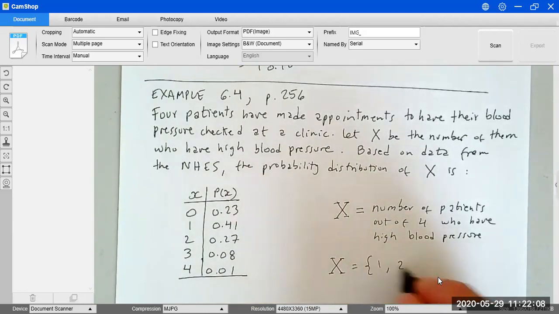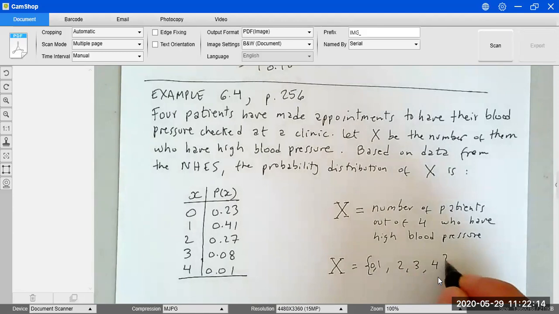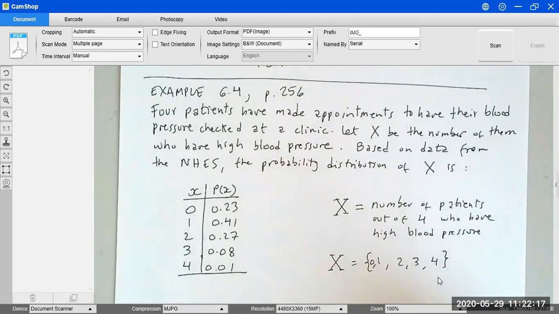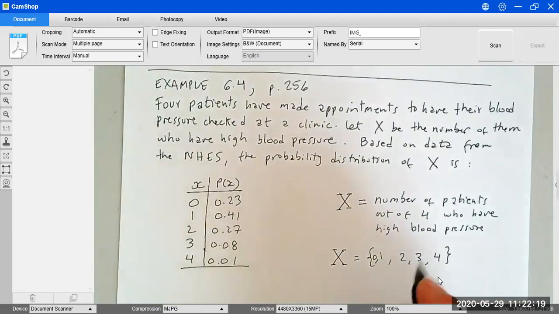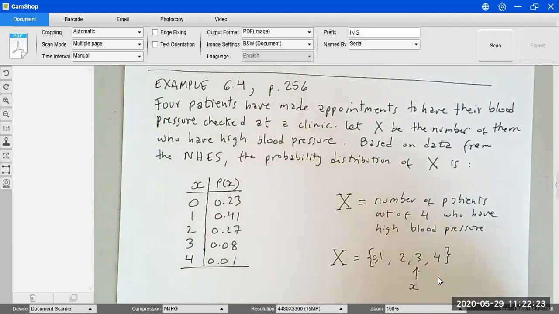We start with 0: 0, 1, 2, 3, and 4. So we have 5 values. Now every single value is going to be denoted with the lowercase x. So capital X is all the x's, and lowercase x is just a single one.